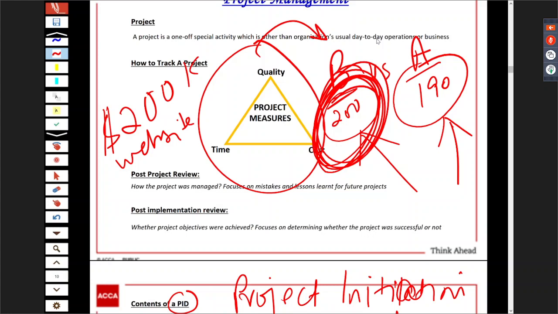If he's asking for $500,000, why? For what? What will be the return? If I give you 500,000 now, what will be the benefit, like cost benefit? So the first and foremost thing of any project is the objective.